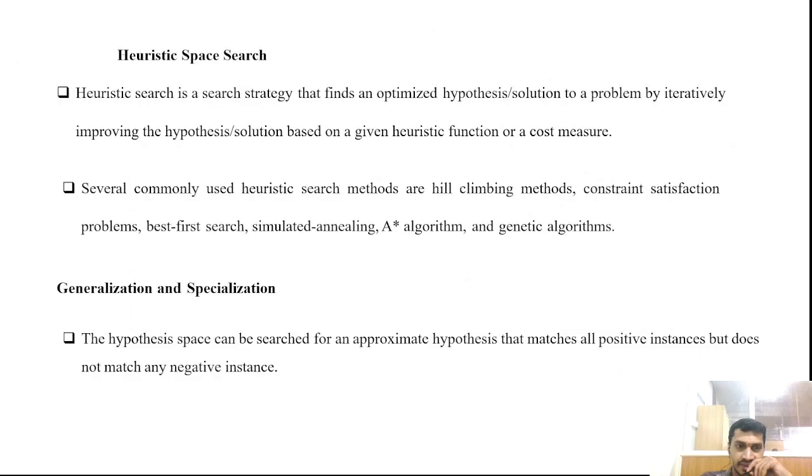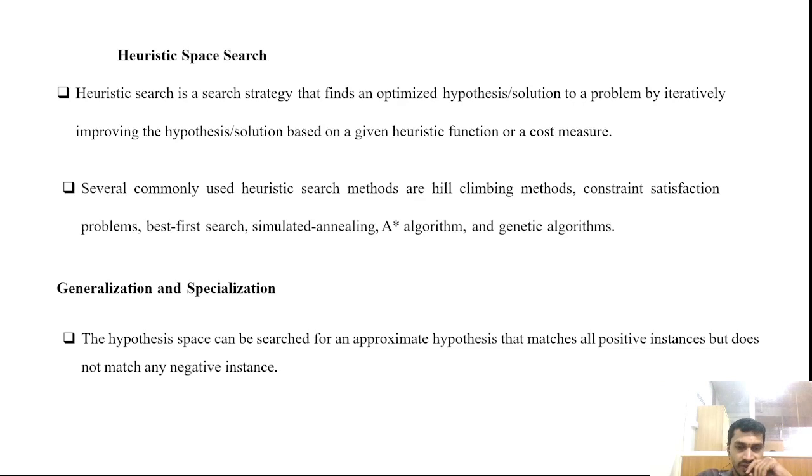And next, heuristic space search. Heuristic space search is a strategy that iteratively finds the optimized hypothesis or solution based on its heuristic function or the cost measures.